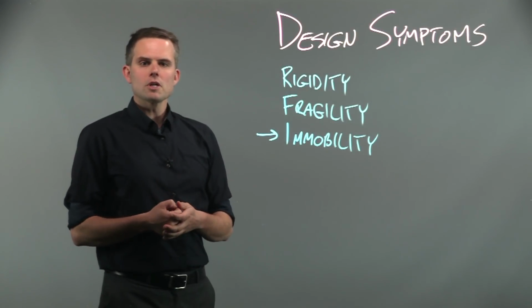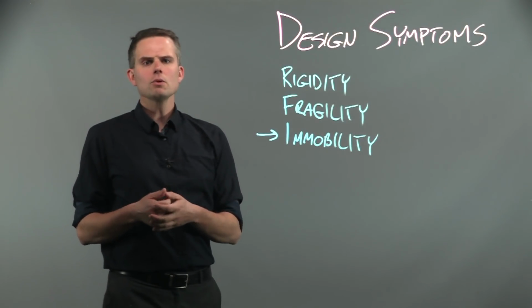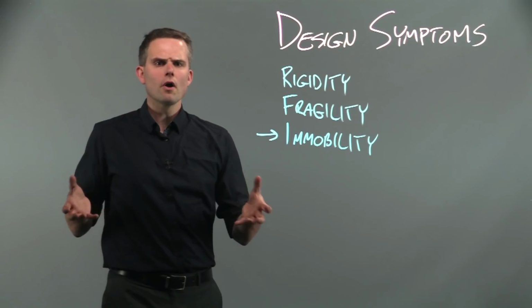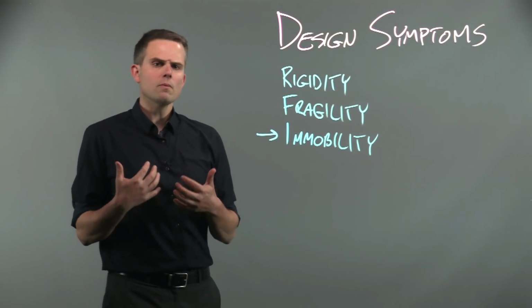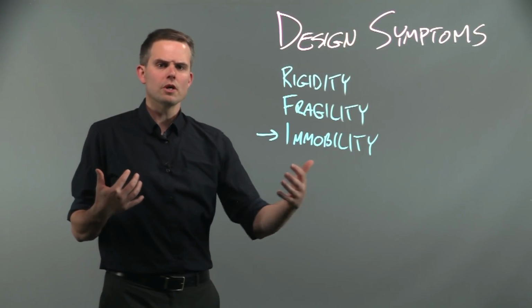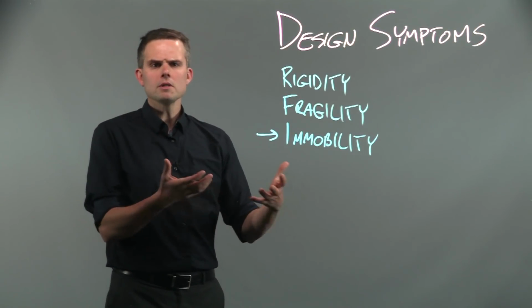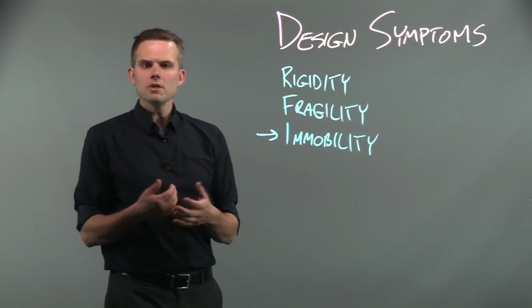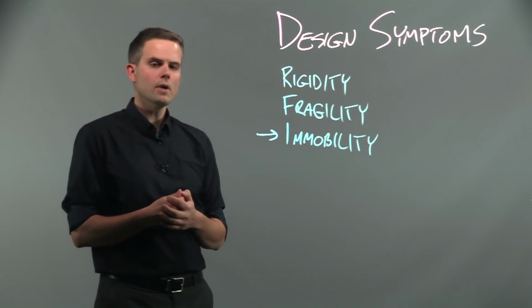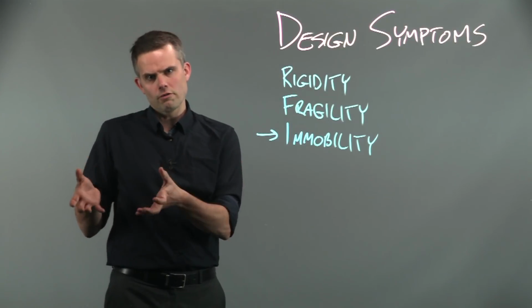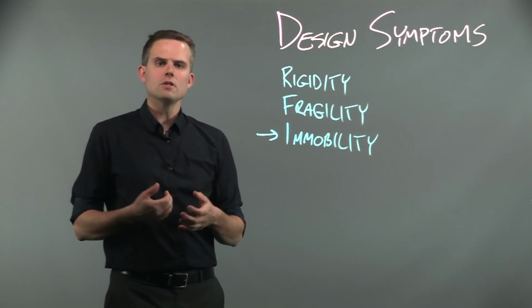Next, let's talk about design immobility. At the individual line level, most lines of code are not truly unique. So if you have some code that you've written before, or there's some code that you know exists within your company or on the internet, you might be tempted to just go and reuse it. This kind of task is known as clone and own, or pragmatic software reuse. So what you do is you're going to search, and you'll find the code that you want, and you'll copy it into your system.